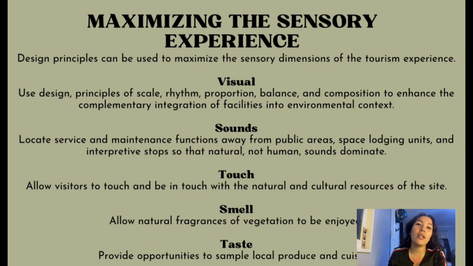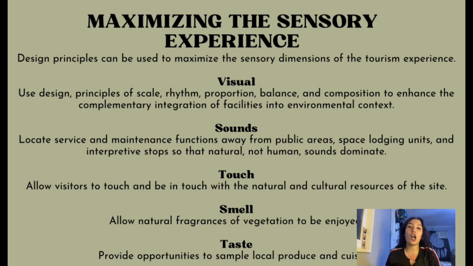So for visual, for people who cannot see clearly or are colorblind, they use design principles of scale, rhythm, proportion, balance, and composition to enhance the complementary integration of facilities into the environmental context.